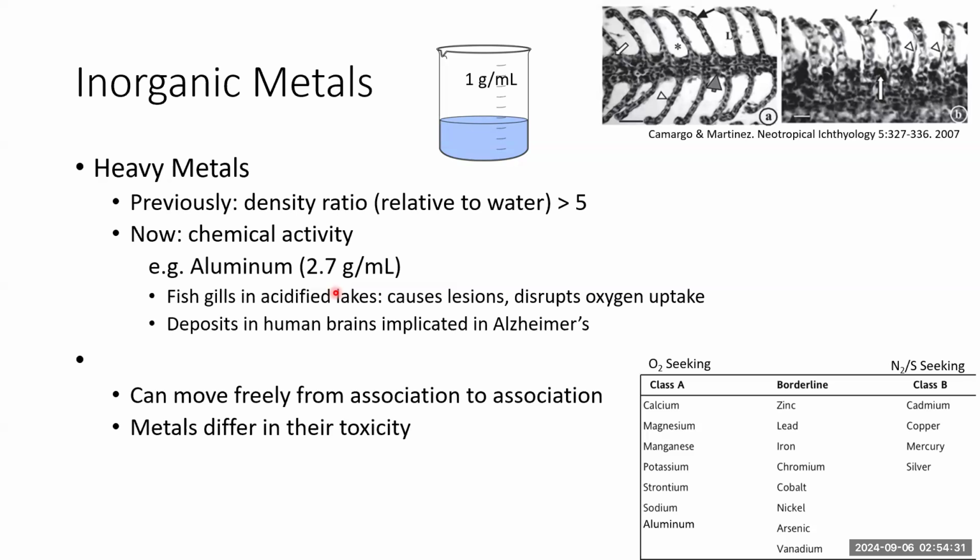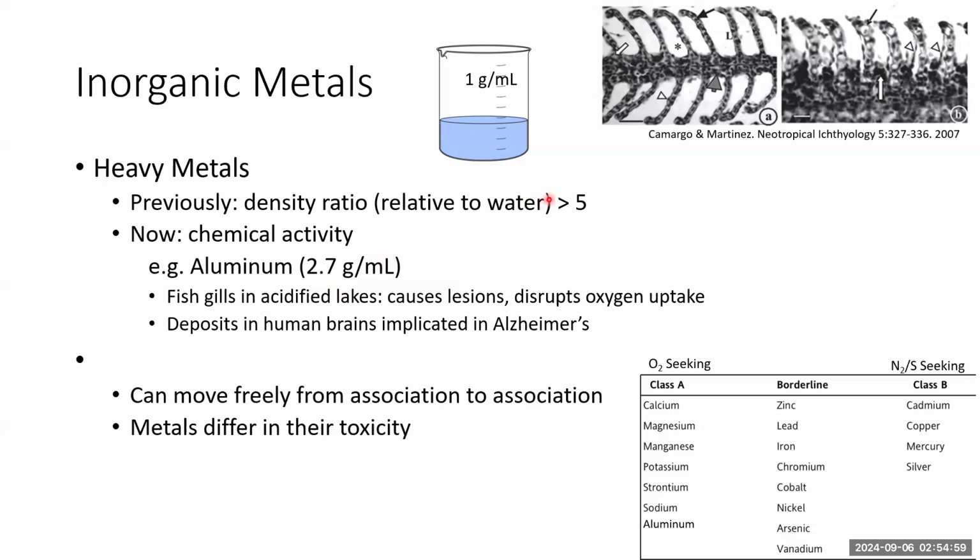We use aluminum for a lot of different things, but it has a lot of negative consequences. We often find in acidified lakes fish gills that are broken down a little bit by excess aluminum that tends to dissolve more easily into acidic water. So when water is acidic, it can take in more aluminum. And as fish try to breathe and extract oxygen, the aluminum gets stuck on all their gills and can cause these lesions.